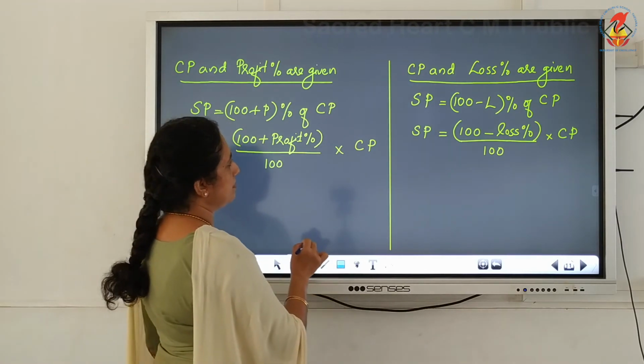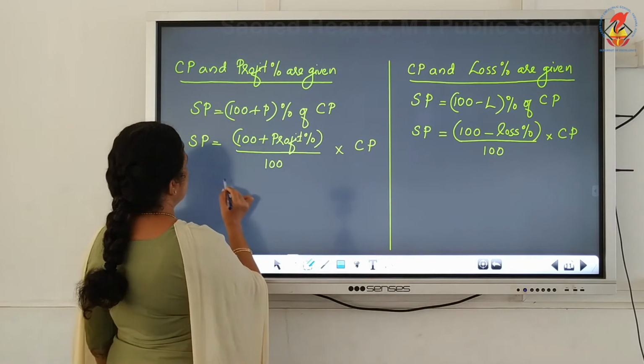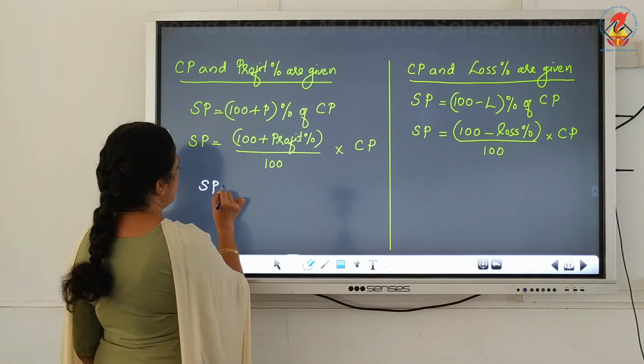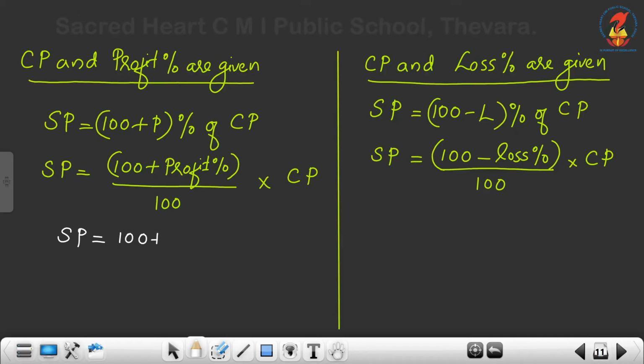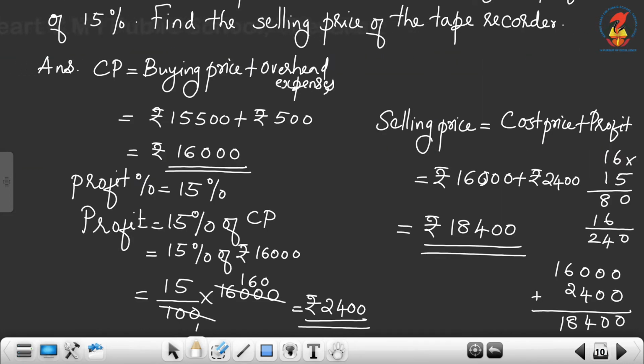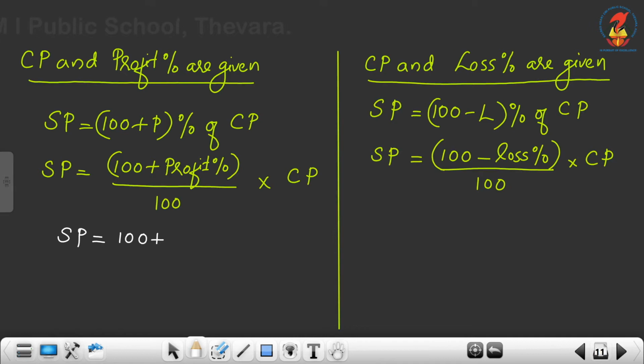So if you consider the previous problem, if you want to find out SP, we can write it as 100 plus the profit percentage, which is 15%.